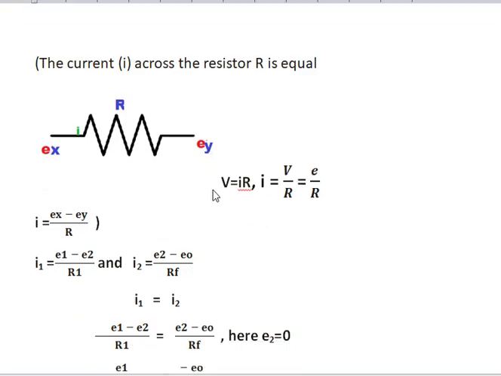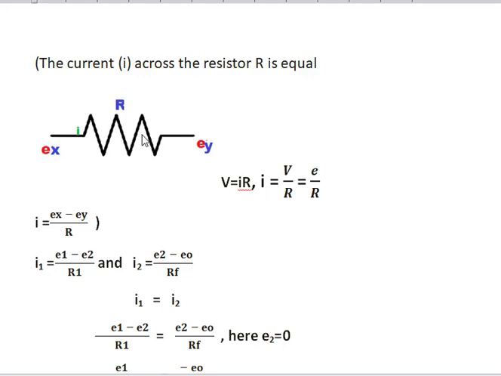We know well a very famous law, Ohm's law, V is equal to IR. The voltage is equal to the product of current and resistance. From this, the current is equal to voltage by resistance, that is the EMF by resistance.